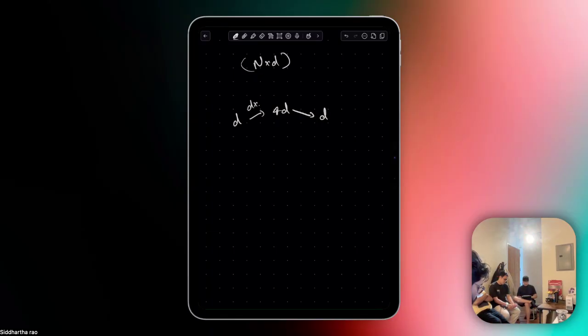So this is the shape of the up projection, or FFN expansion. And then you have the down projection, where you want to bring it back down to your D dimensions. What is the shape of that? It's again 4D by D.